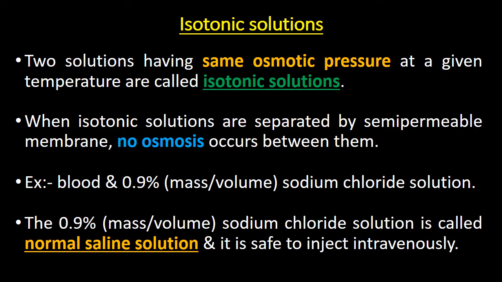For example, blood and 0.9% sodium chloride solution: because both have the same osmotic pressure, there will be no osmosis between blood and 0.9% NaCl solution. 0.9% sodium chloride solution is called normal saline solution, which is safe to inject intravenously.